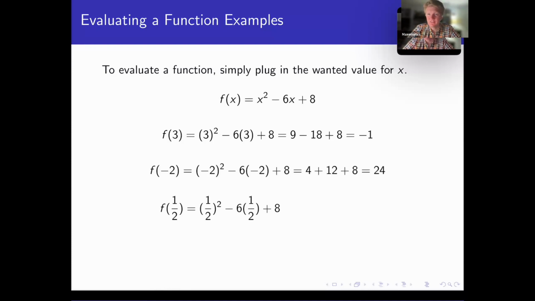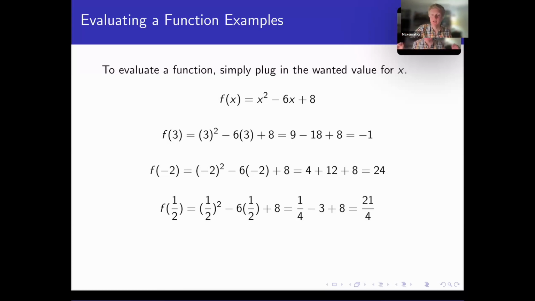Yeah, I know how much you guys love working with fractions, but same thing. All it says is wherever we see x, plug in 1/2. 1/2 squared is 1/4. 6 times 1/2 is 3. And I'm going to trust that you guys can add and subtract fractions. Okay, so you see the pattern here. Wherever we see x, just plug in that value.